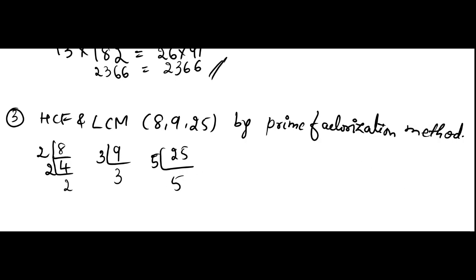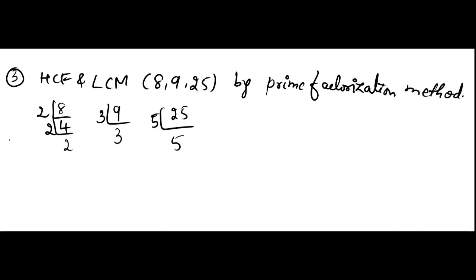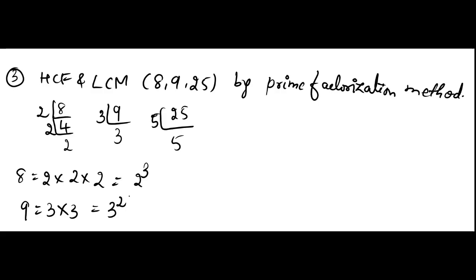So 8 can be written as the product of primes, that is 8 is equal to 2 into 2 into 2, 2 power 3, and 9 can be written as 3 into 3, that is 3 power 2. Then 25 is equal to 5 into 5, 5 power 2.